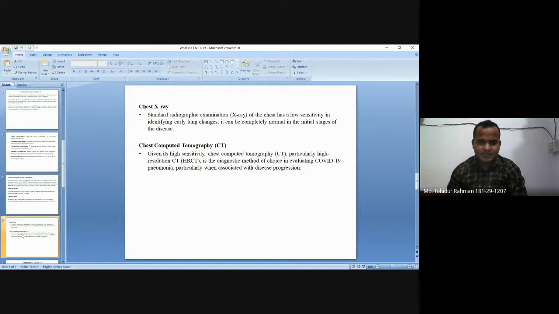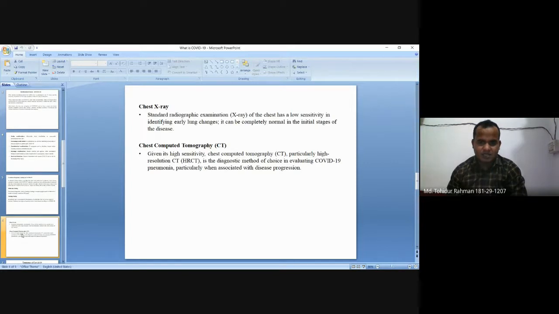Then chest X-ray: standard radiographic examination of the chest has a low sensitivity in identifying early lung change. It can be completely normal in the initial stage of the disease.